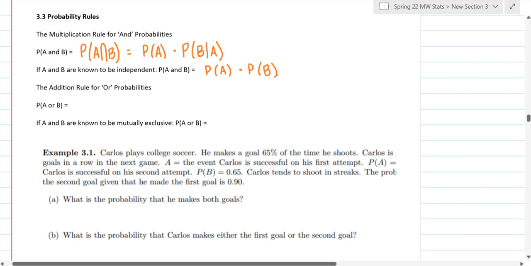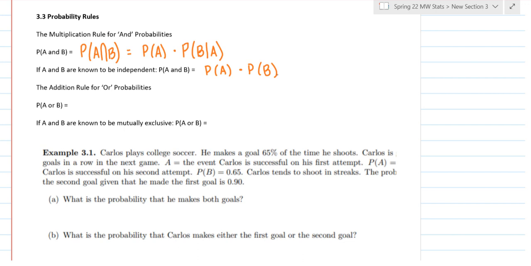Then we have or probabilities. The probability of A happening and B happening, that's times. Or, so if you see the word or, that's going to be addition.